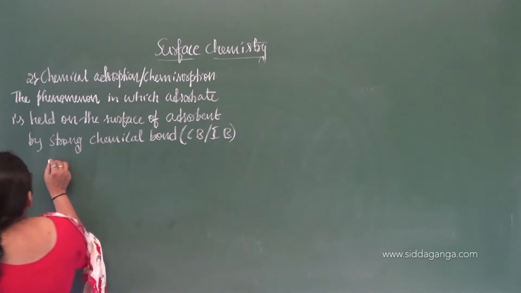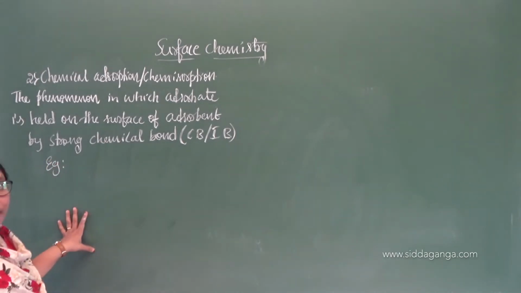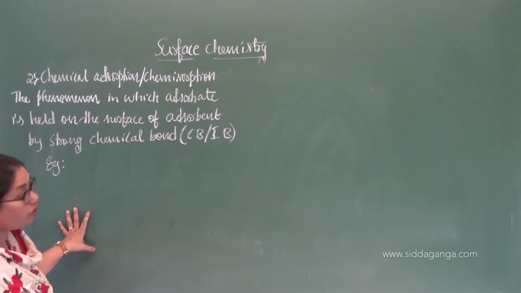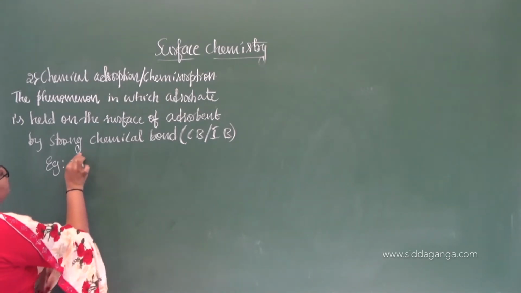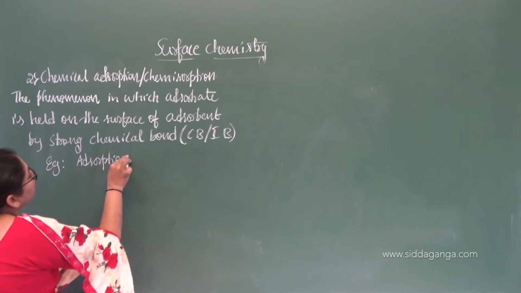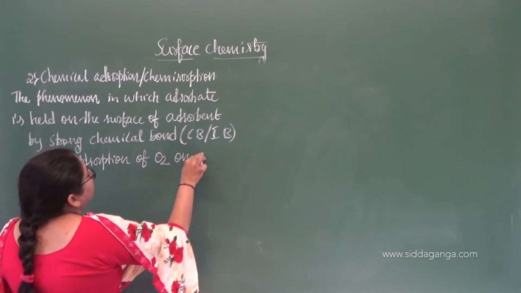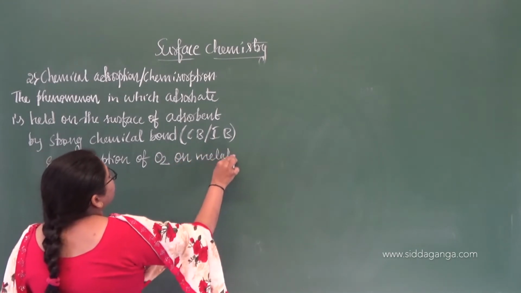Now let me give an example for chemisorption: adsorption of oxygen on metal surfaces.